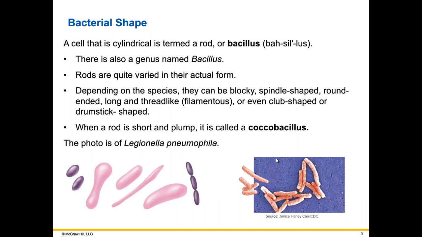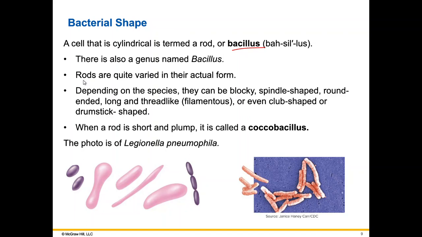The next bacterial shape is the Bacillus, or bacilli, plural. Notice you change the US basically to an I and it makes it plural. There's also a genus of bacterium called Bacillus, so make sure we're aware of that so we're not confusing what we're saying. And they are rod-shaped. Bacillus bacteria are rod-shaped.